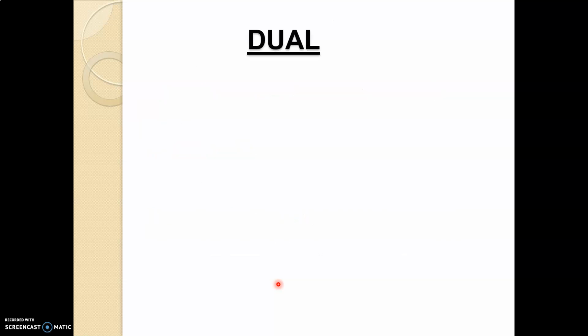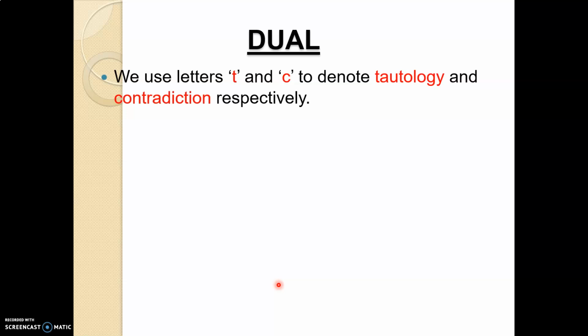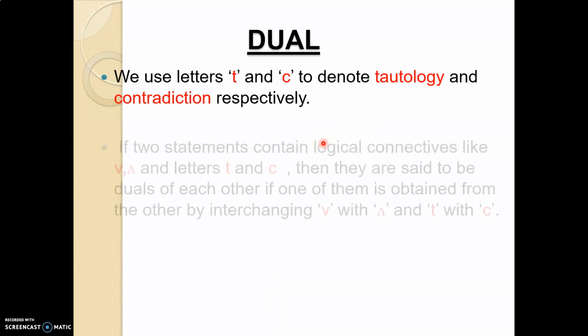Next is dual. We use the letters T and C to denote tautology and contradiction respectively.